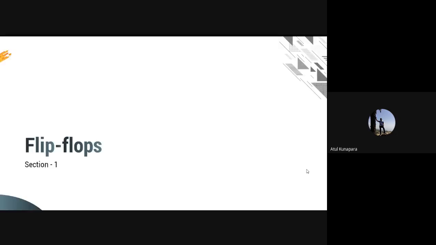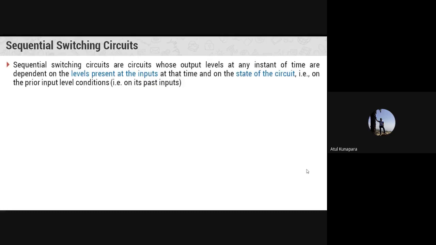So let us start our session with the flip-flops, latches and the comparison. First of all, understand what a sequential switching circuit, or sequential logic circuit, or digital sequential logic circuit is, whatever you call it.